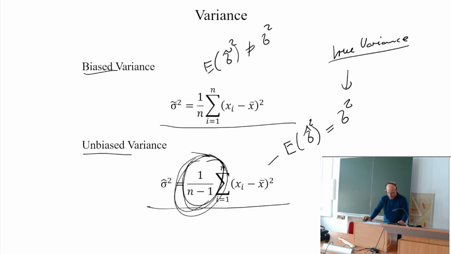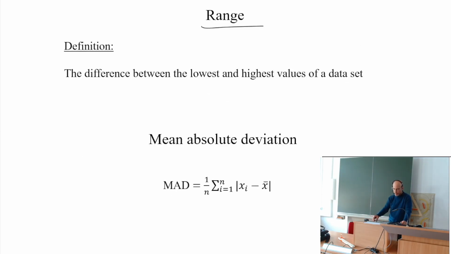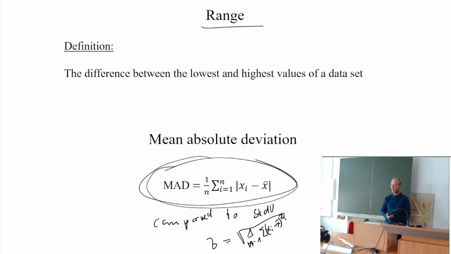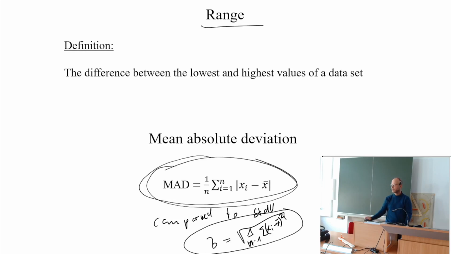If we take the mean absolute deviation compared to the standard deviation, which was sigma equals the square root of 1 over n minus 1 times the sum of (x_i minus x bar) squared, then we could wonder: this formula is much easier than this one. There, at first squaring, then taking the root.